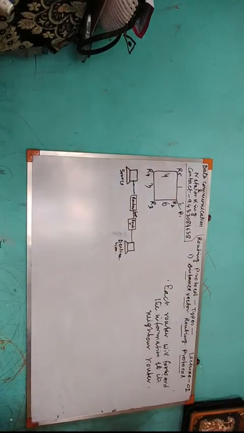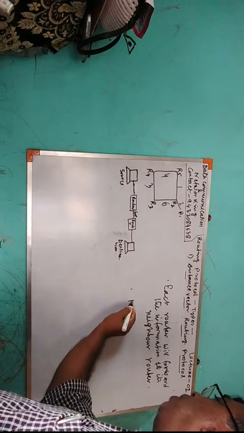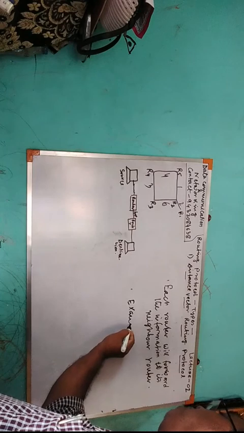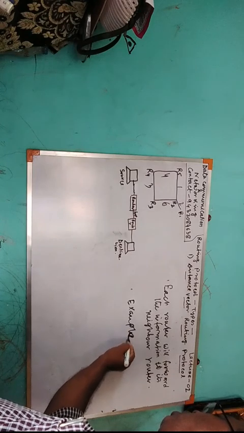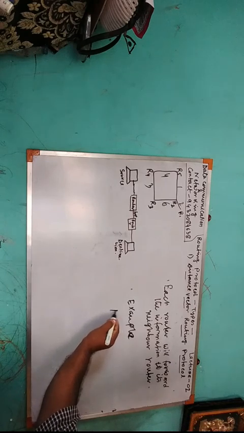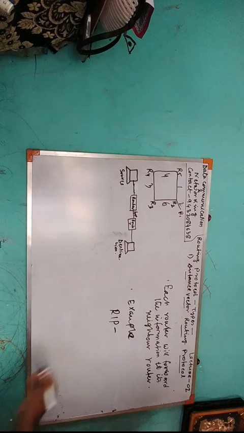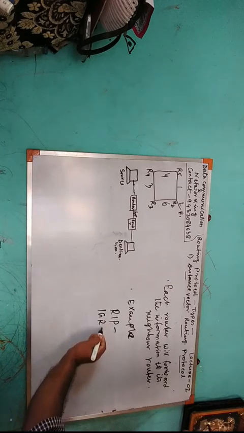So the other thing is examples of distance vector routing protocol. The popular distance vector routing protocols are RIP and IGRP.